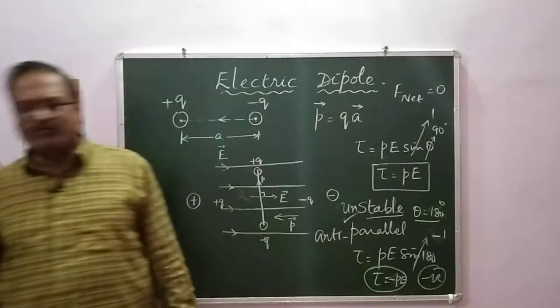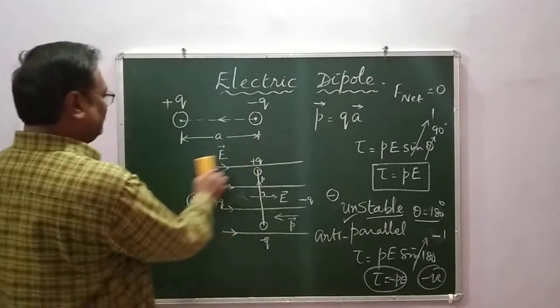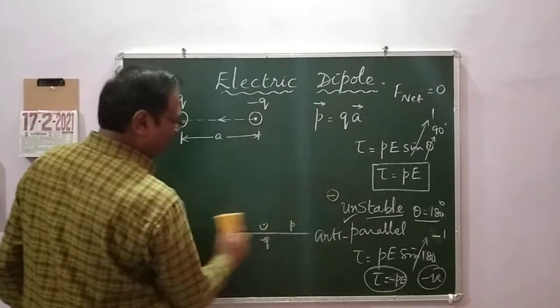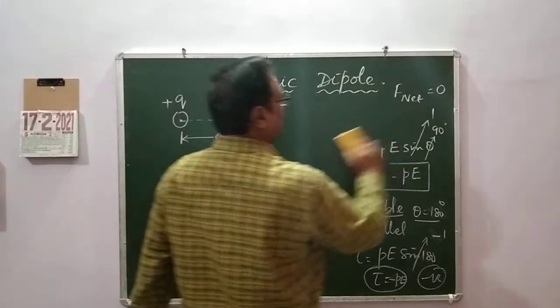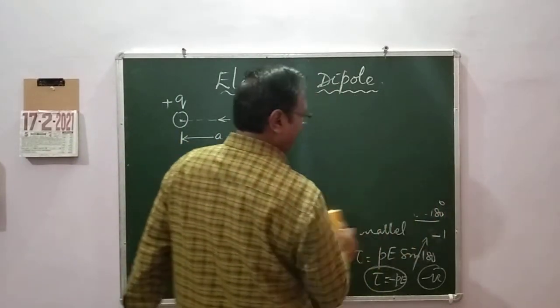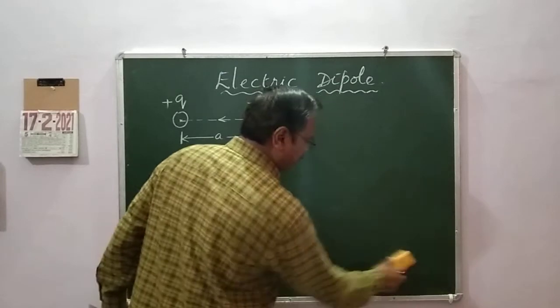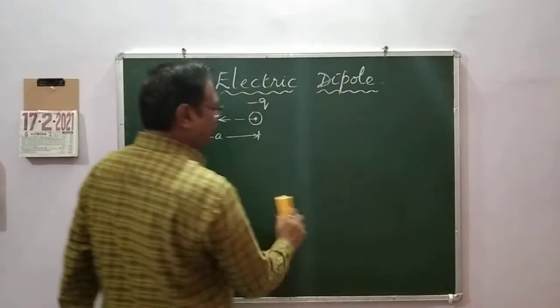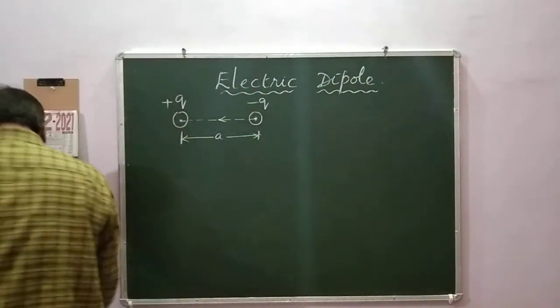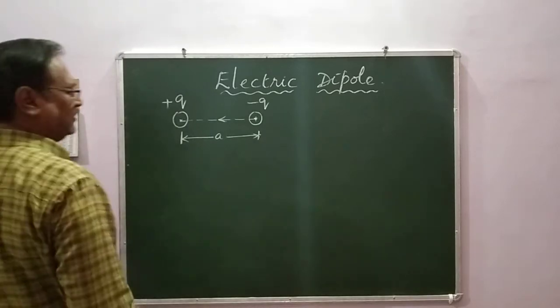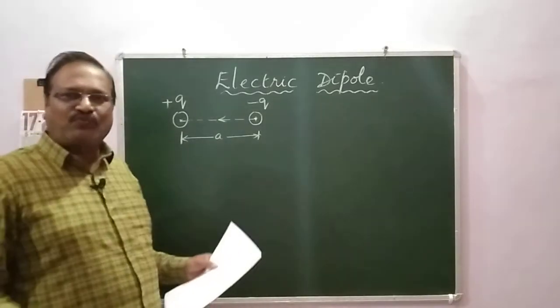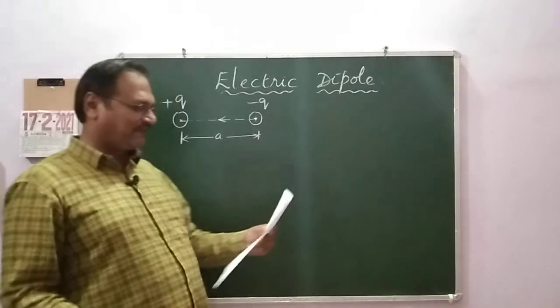This is a conceptual problem. If you understand this, it will be easy for you to understand the concept of stable and unstable equilibrium. Stable, 0, it is stable. Unstable, opposite, that is going to be minus 1, so negative, so that's the reason.